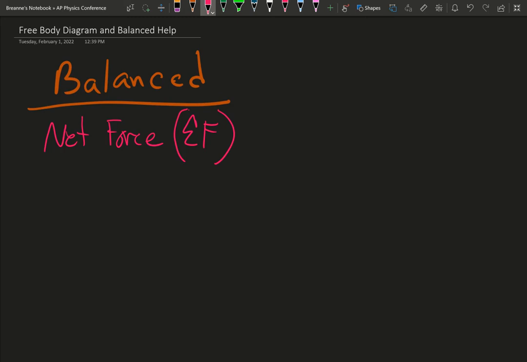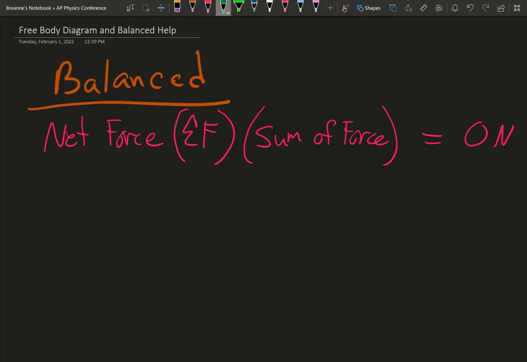Net force, sum of the forces, all that means the same thing. So if it's balanced, all of those equal 0. So your net force, your sum of the forces, equals 0.